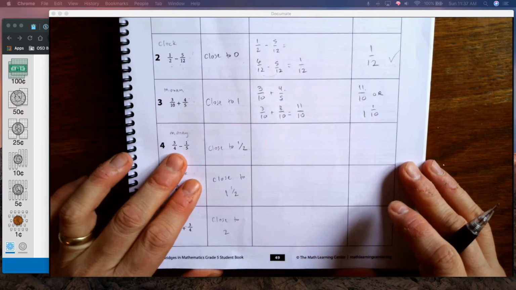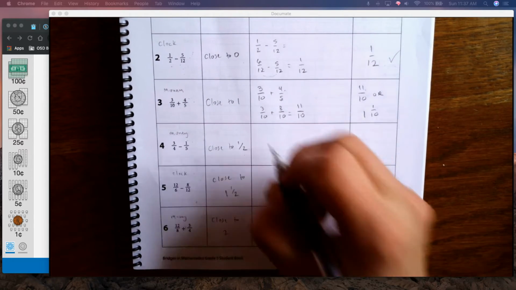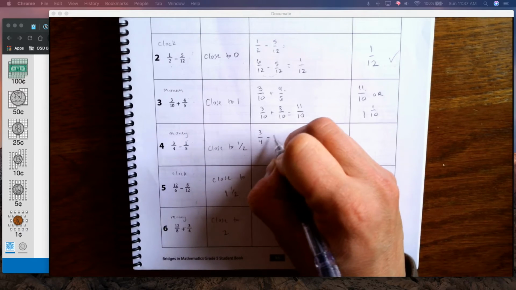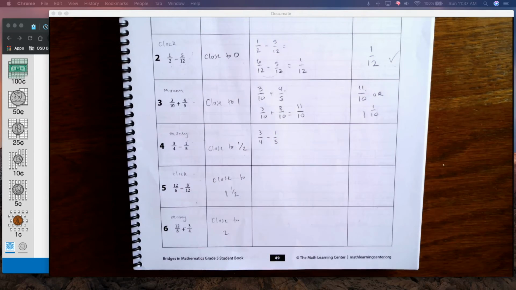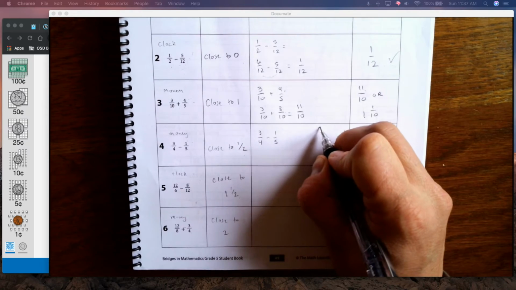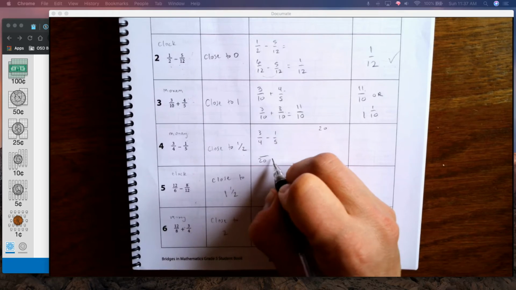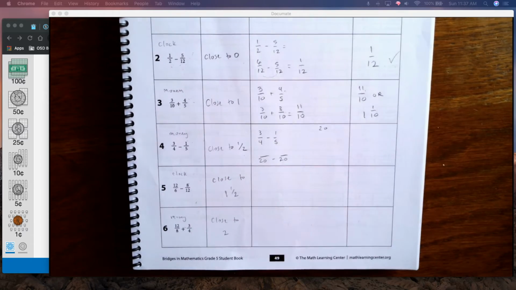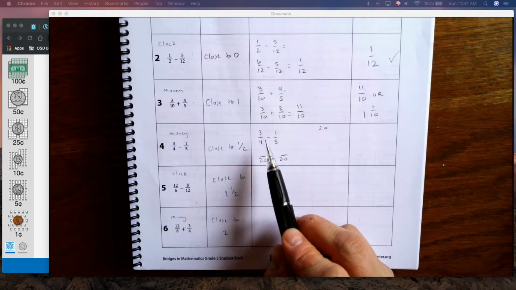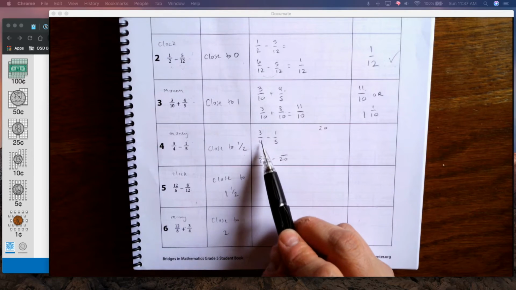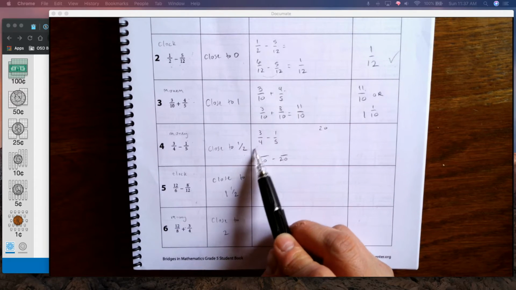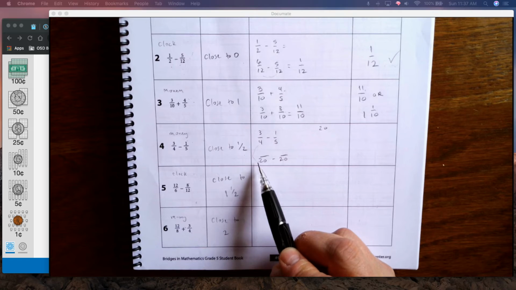Okay, number four, 3/4 minus 1/5. So 3/4 minus 1/5, I know my common denominator, my LCM, will be 20. So I'm going to change both of those to 20ths. 4 times 5 is 20. So to get from 4 to 20, I'm multiplying by 5.